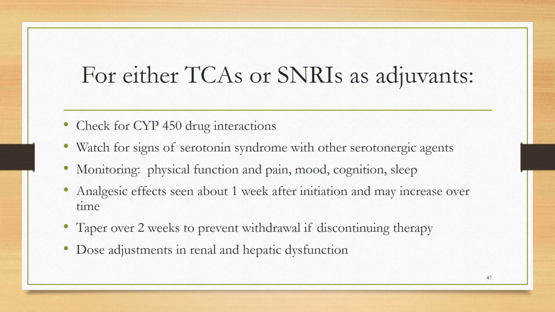And so, if you have them on tramadol and then you have them on high dose TCA or SNRI, and then let's say you're throwing something else on top of that. Let's say they have an infection and somebody puts them on Zyvox or linezolid. You do run the risk of serotonin syndrome.